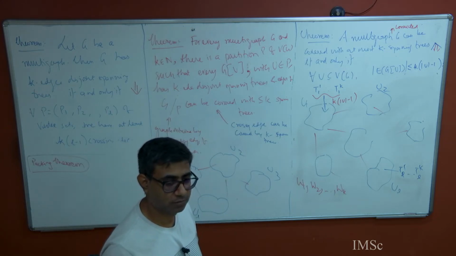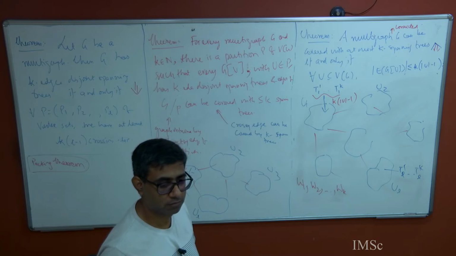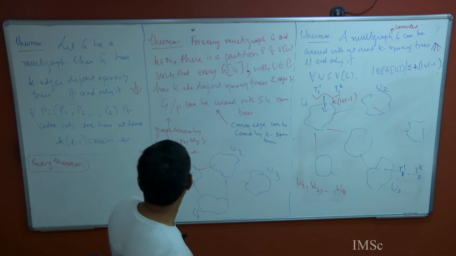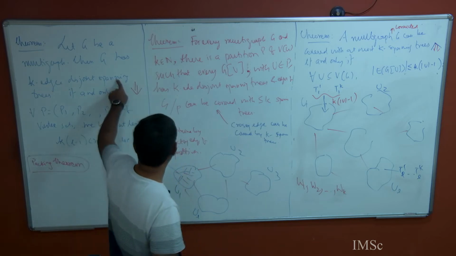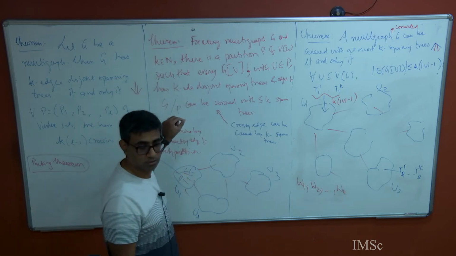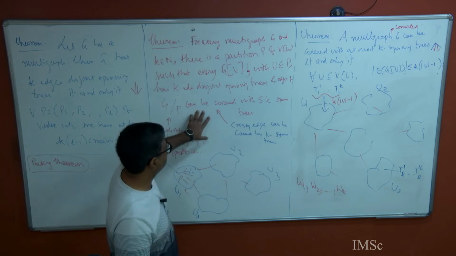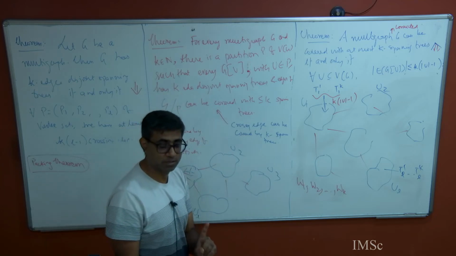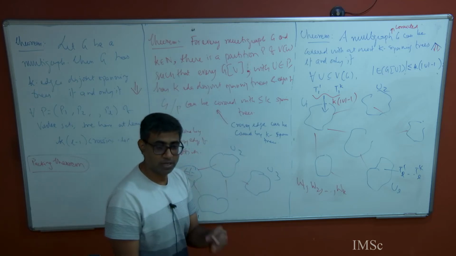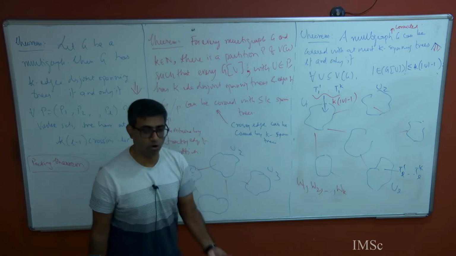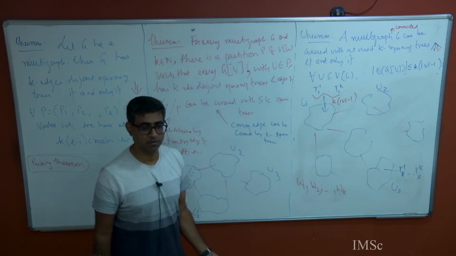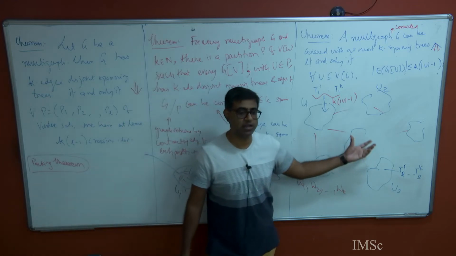Thinking about the previous one, right? But in the previous one there were at most k trees. Here we have k edge disjoint spanning trees. The crossing edges can be covered with at most k spanning trees, but there were far too many edges, so you need all k edge disjoint spanning trees. You get my point? Look how many crossing edges we had.